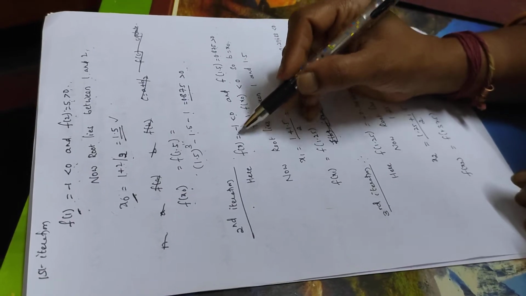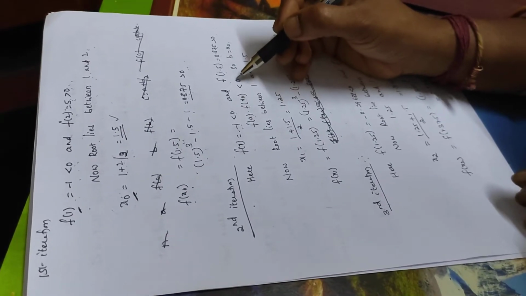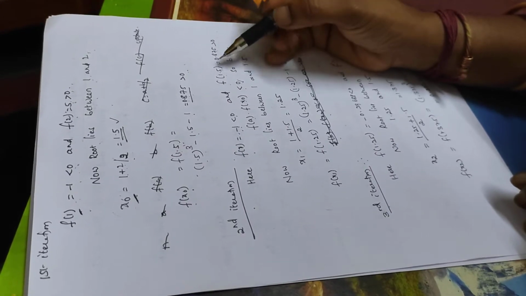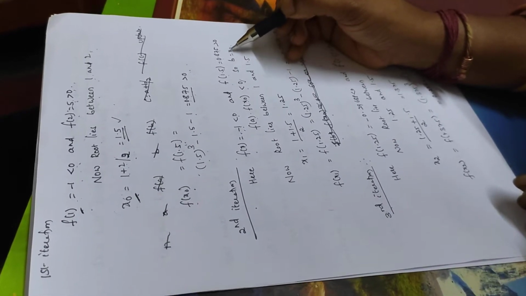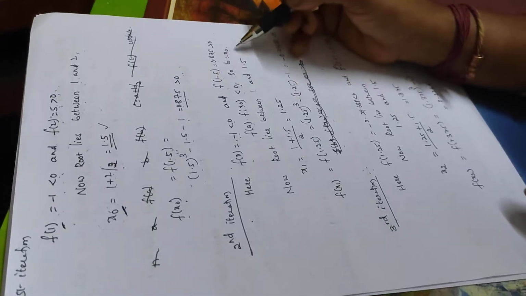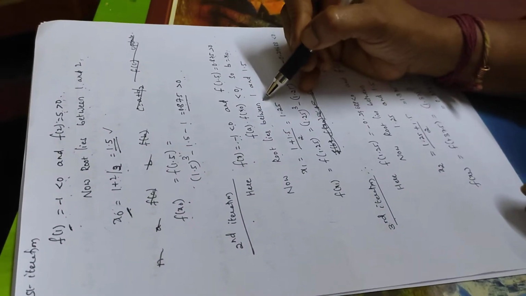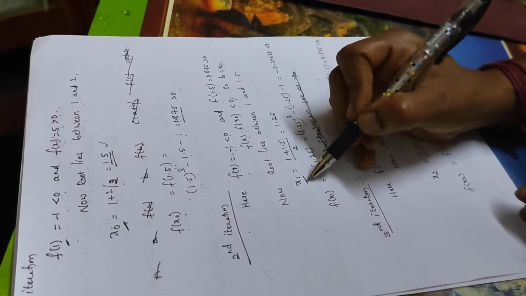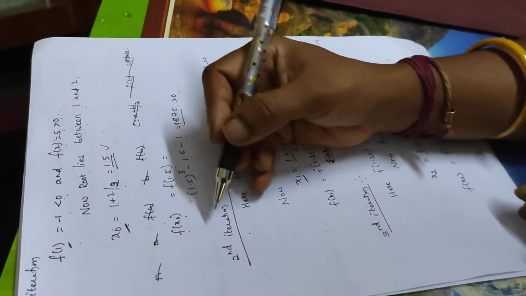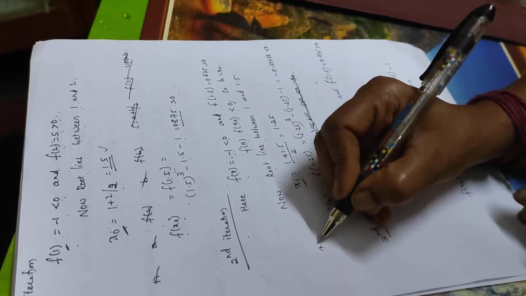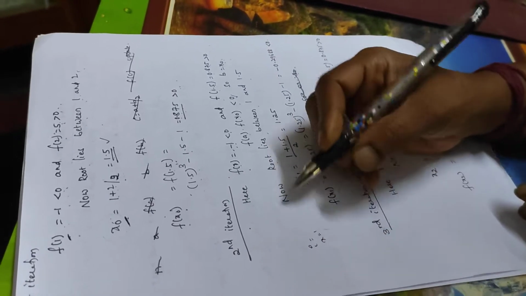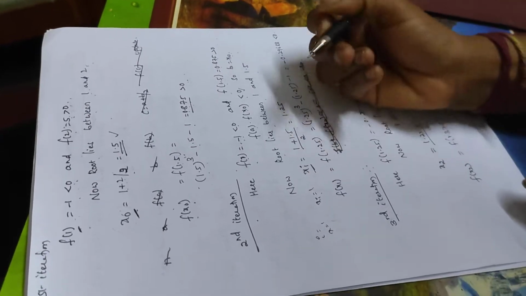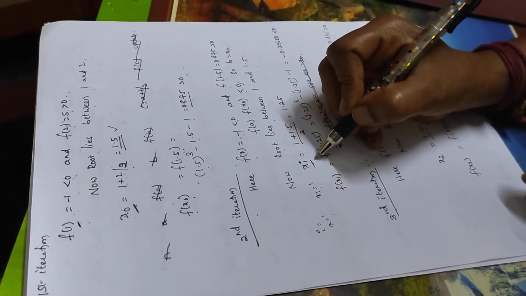So now f(a) times f(b) is less than 0. For that, I change my b value to x0, and my assumption is that the root lies between 1 and 1.5. Now I can find x1, where initially the index i was 0 and here i is 1.